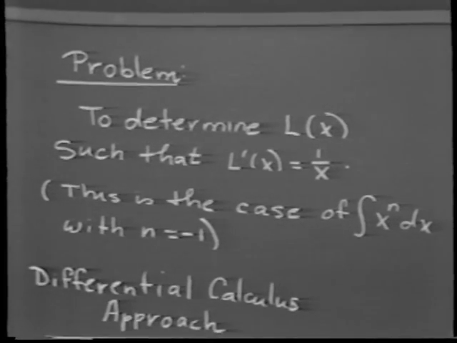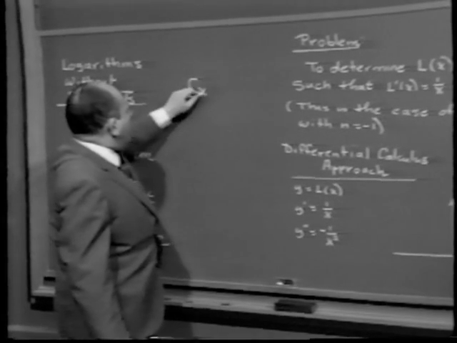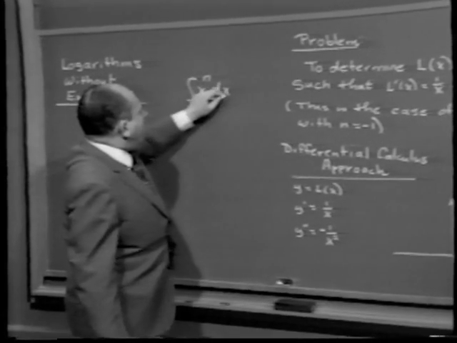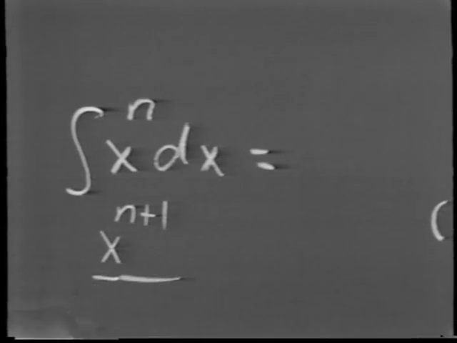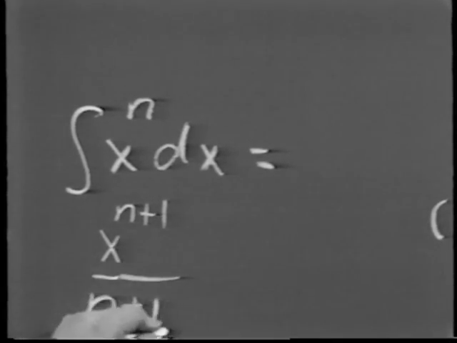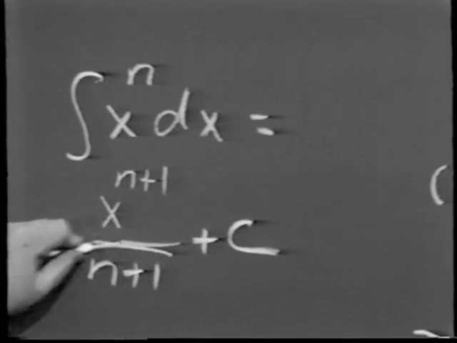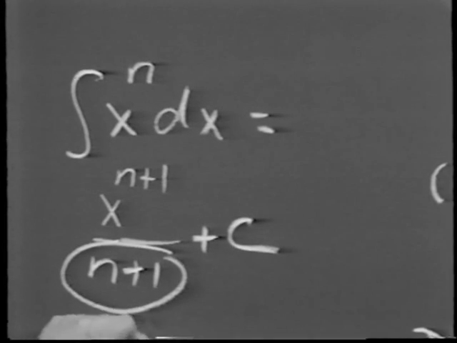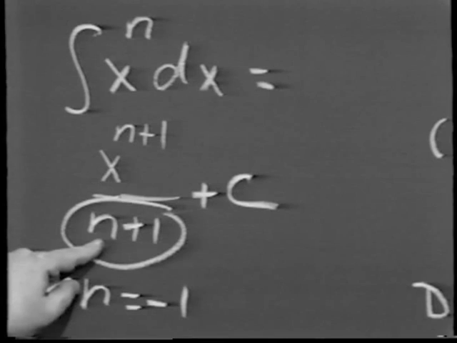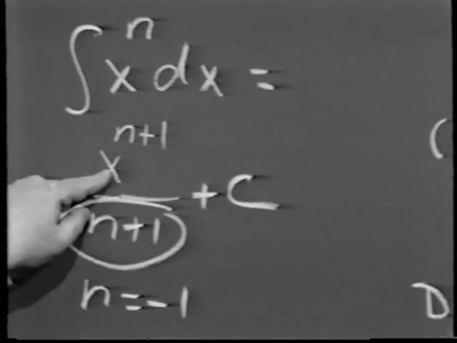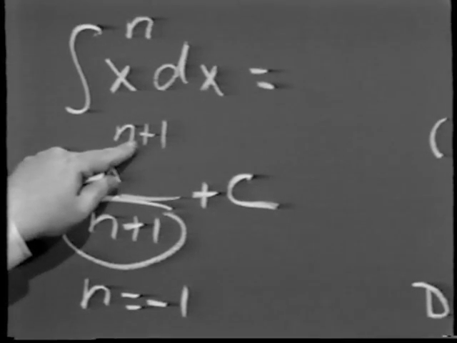You'll recall that when we studied the recipe for how you integrate x to the n, we saw that it was x to the n plus 1 over n plus 1, plus a constant, and we then observed that this doesn't even make sense when n is equal to minus 1, because we'd have a 0 denominator. From another point of view, when you differentiate, you lower the exponent by 1.